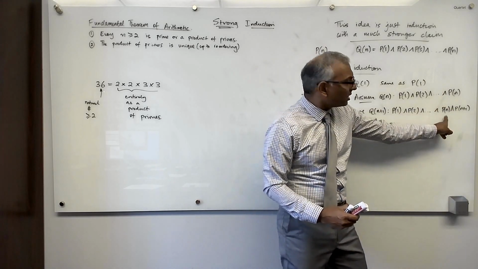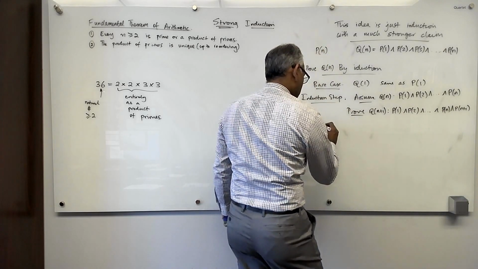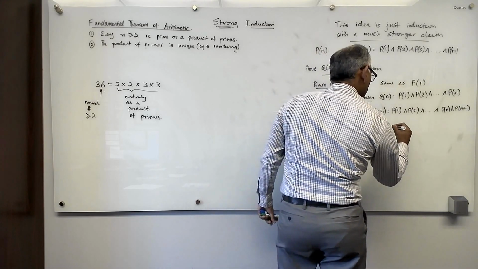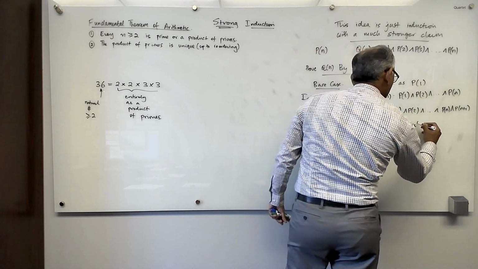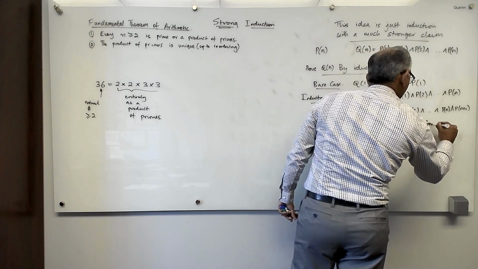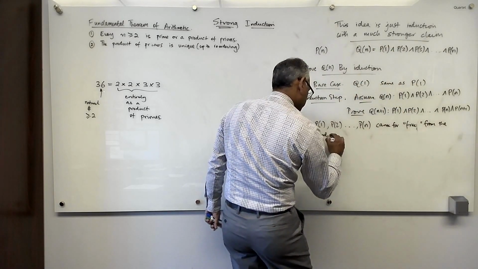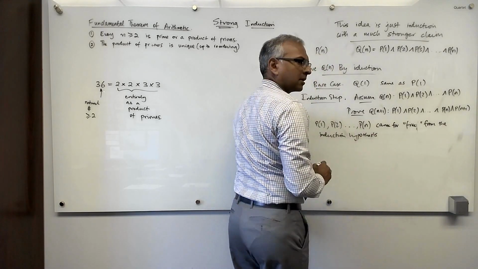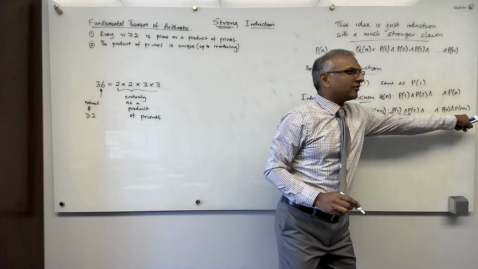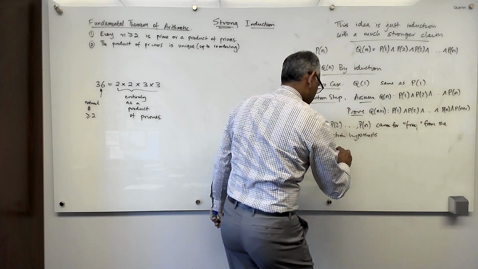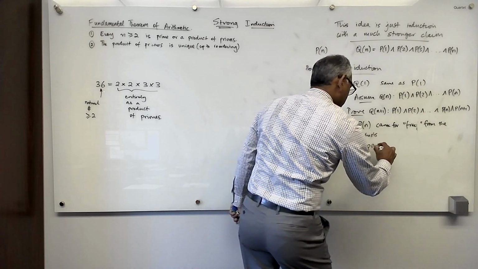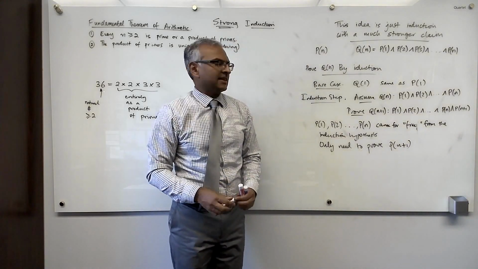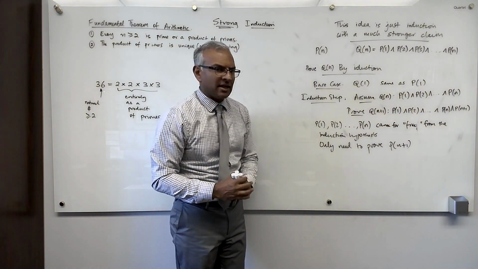So P of 1, P of 2, all the way up to P of n came for free from the induction hypothesis. Okay. So the only thing you need to prove is P of n plus 1. And then now that justifies the method that I just described.